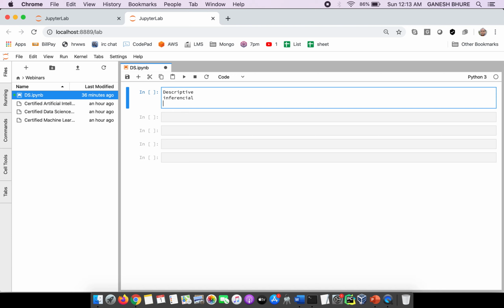When we have data, we have to do some analysis, and there are different types of analysis: descriptive analysis, prescriptive analysis, and predictive analysis. There is also forecasting.